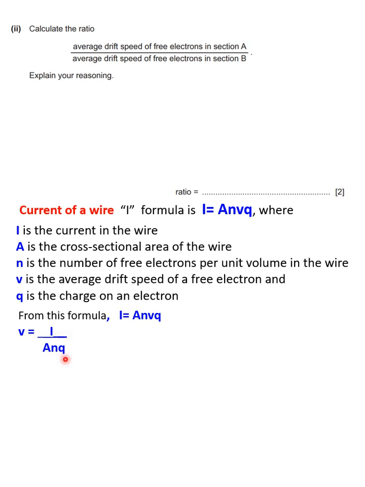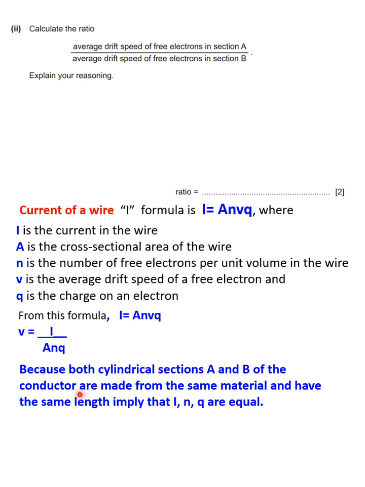So v is I over n A q. Because both cylindrical sections A and B of the conductor are made from the same material and have the same length, this implies that the current, the number of electrons, and the charge are equal.